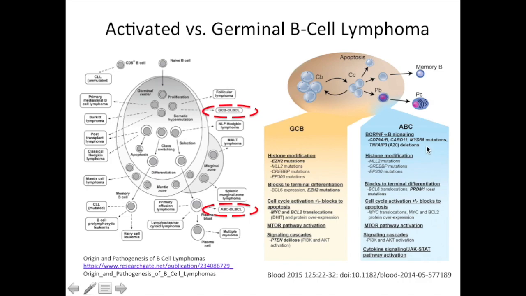Here in the ABC, the activated B cell, we should see these should be minus CD79. Again, histone modifications, BCL6 translocations. And again, what we've seen is that you have cytokine signaling, or JAK-STAT pathway activation. So in the activated form, I should see a lot of immunological signaling.